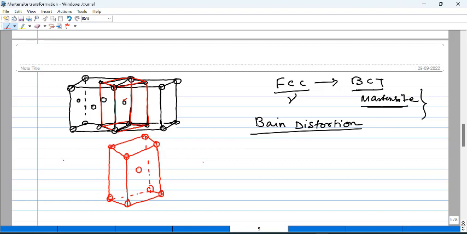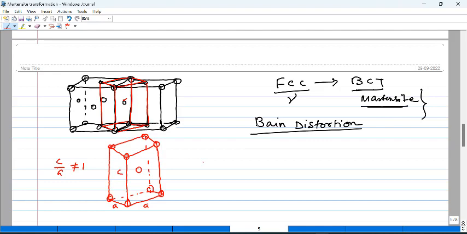But the C by A, that is the vertical axis, and these two axes over here, the X, Y and Z axes, are not equal. In the case of the FCC lattice, these are equal: A equals B equals C, the X, Y and Z direction vectors are equal. But here C by A is not 1.